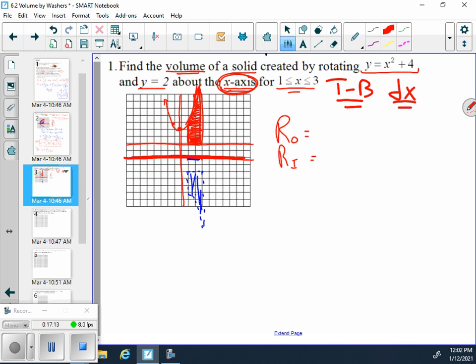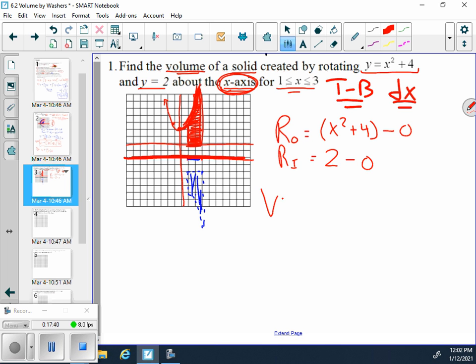Now, the radius of the outer is just the outermost equation minus the line of revolution. The outermost equation is x squared plus 4 minus 0. The innermost equation, the bottom of the shaded region, is the line y equals 2 minus 0. So those are our two radii.